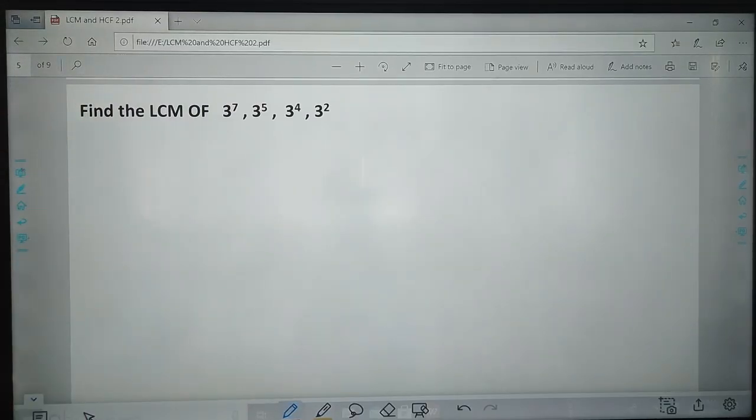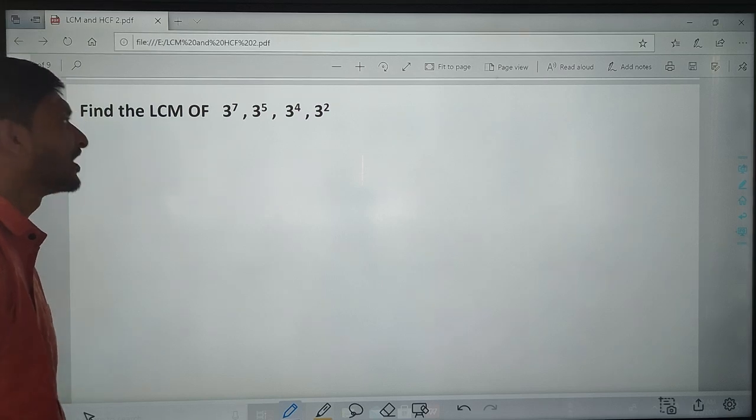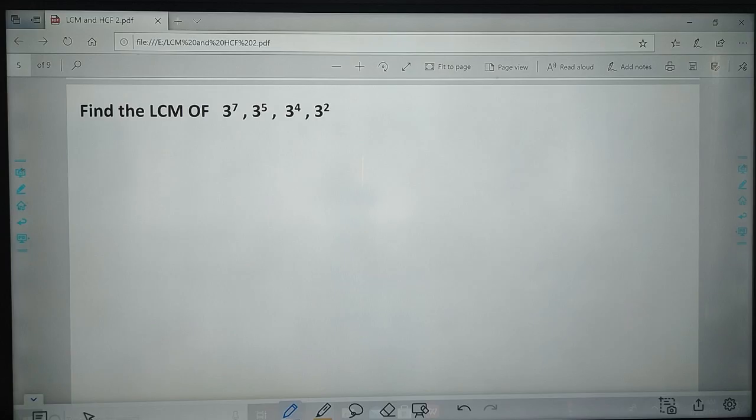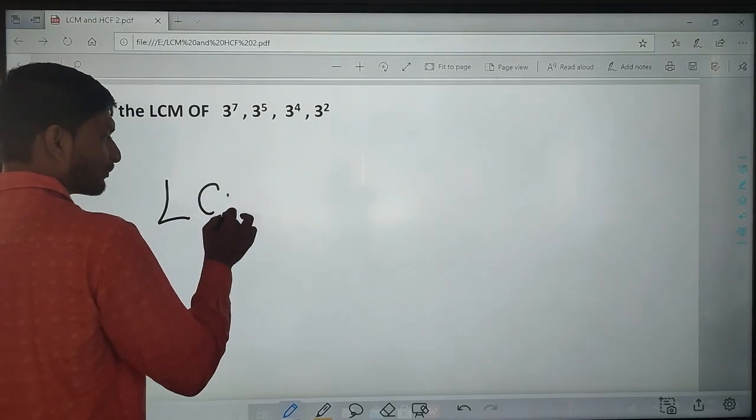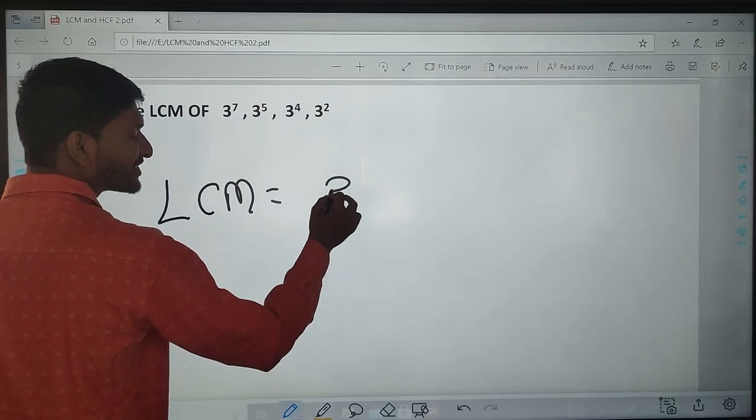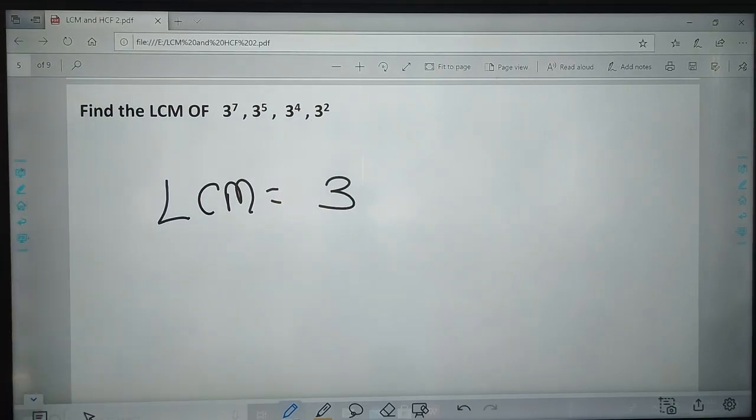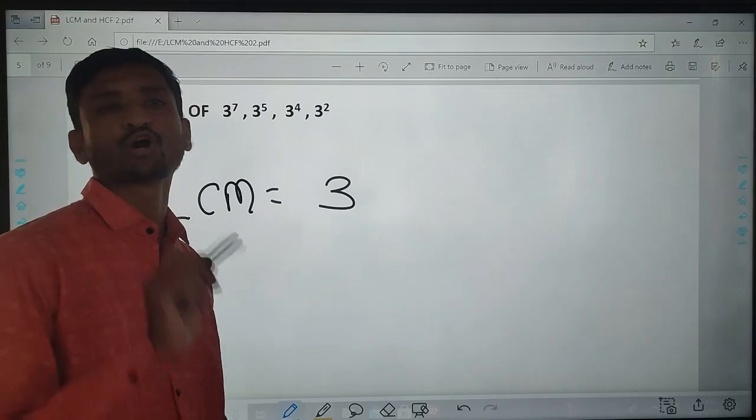Same here. Find the LCM of 3 raised to 7, 3 raised to 5, 3 raised to 4 and 3 squared. Then we find the LCM here. The base is 3 and for LCM we take the highest degree of 3.